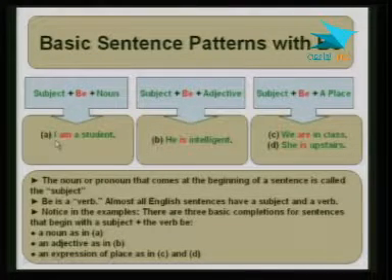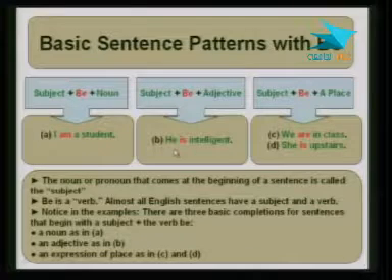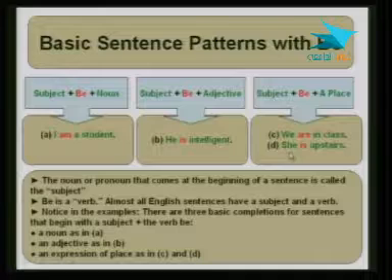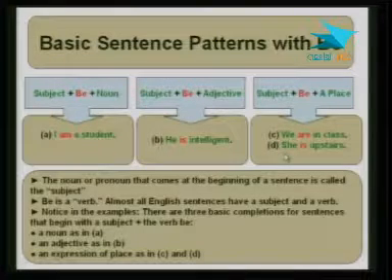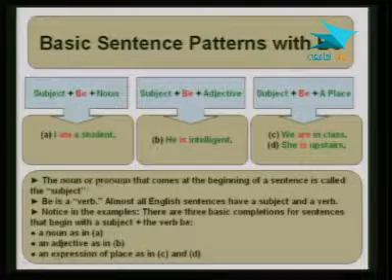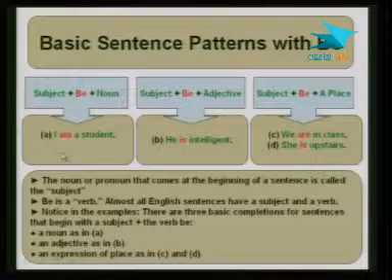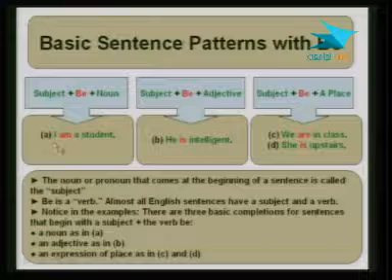I comes at the beginning of the sentence. He comes at the beginning of the sentence. We and she also come at the beginning of these two sentences, and they are called subjects. That is a subject. It can be a pronoun or a noun.